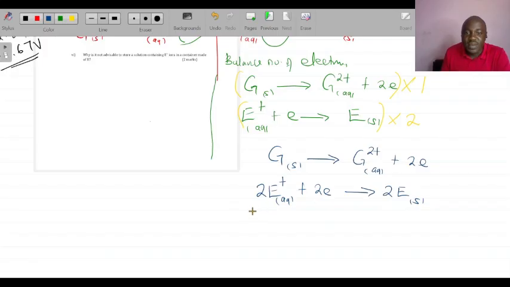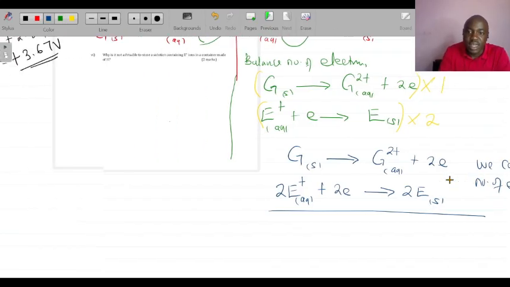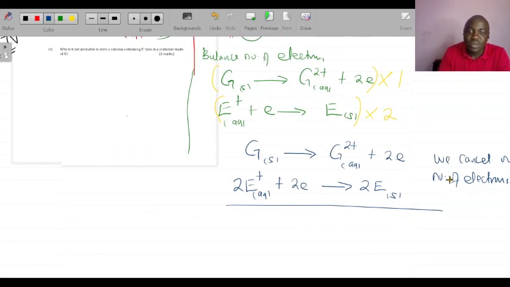So after that, we need to combine these two equations. How do we combine the two equations? We remove what is common. In our case, we cancel out the electrons because they are now balanced. So they have no use to us now, so they cancel each other.